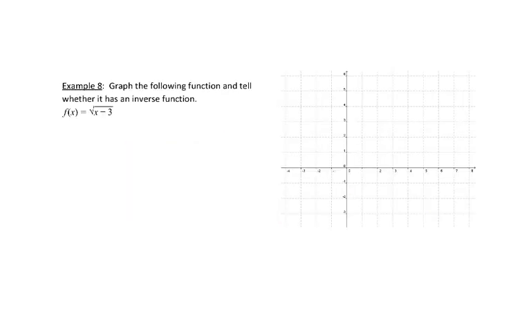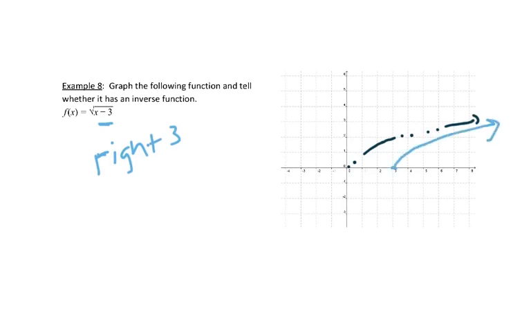So now we're supposed to graph this function and tell whether it has an inverse. So this is our square root function. Remember, it would do something like that. But this minus 3 inside would move it right 3. So now our function is really here. That's our graph for this one.